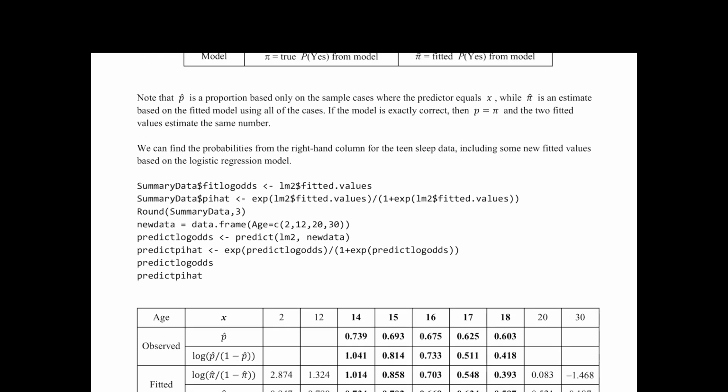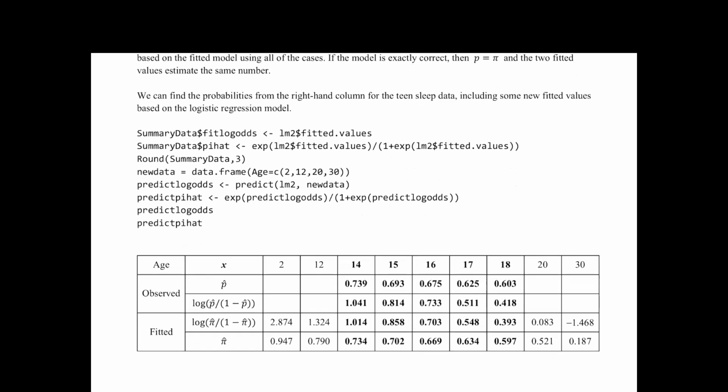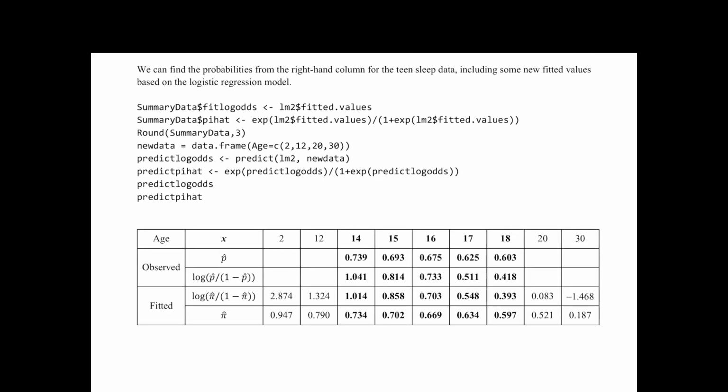Okay, so basically for the fitted values in the right-hand column, we can use our model to come up with those. So first of all, this first row here, these are the prop 1 values, right? So when we ran the previous code in R, if you were to just look at this, you run this summary data to 3 decimal places with the new things that we've fit into it.